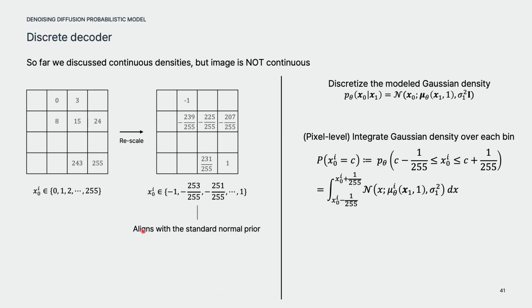For instance, the probability mass for pixel 243 would be the integration of this Gaussian density over 230 over 255 to 232 over 255. And this is the pixel level probability mass, and the image level probability mass is simply a product of all pixel level probability masses.